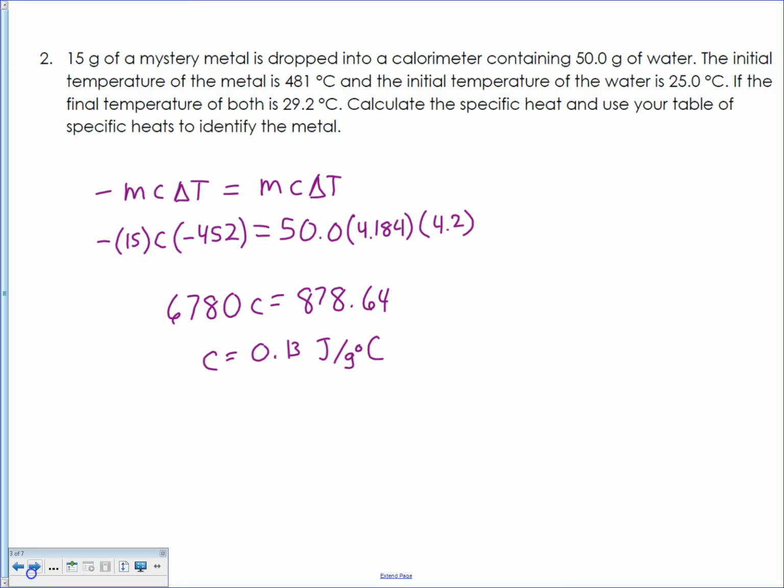And so if you inspect your table, you should see that this falls pretty close to gold. If you round there, because the sig figs on this are a little bit different than the sig figs on the table, you find out that this is probably gold.